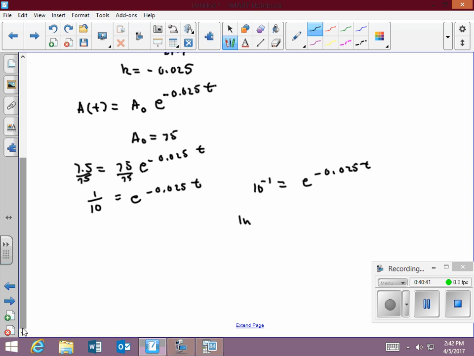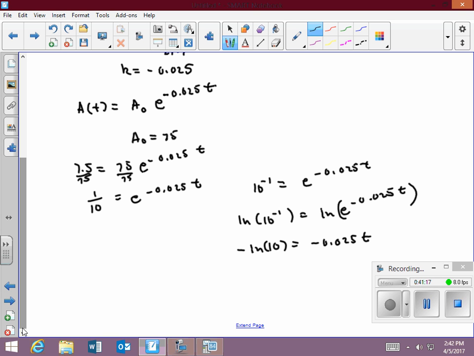So if I do it on this one, this is going to be a minus ln of 10 equals, and I bring that negative 0.025 out the front, t, and then ln of e is going to be 1, right?